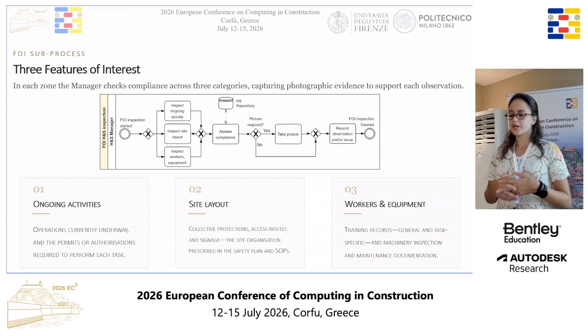The first category includes the ongoing activities and the permits or authorizations required to perform them. The second one concerns the site layout, including collective protections, access routes, and safety signage. The third one includes workers and equipment together with training records and machinery documentation. During the inspection, the manager evaluates these three categories and compares them with the project documentation in order to record the corresponding observation.